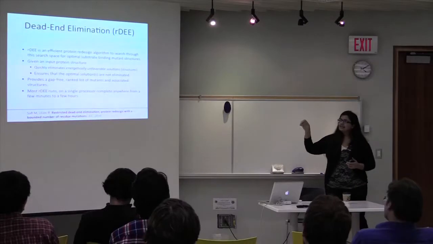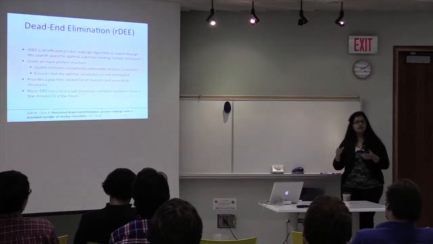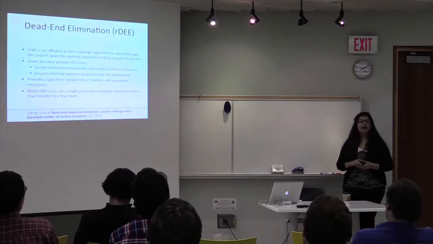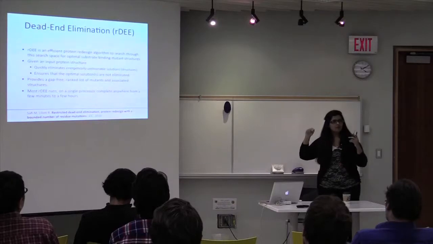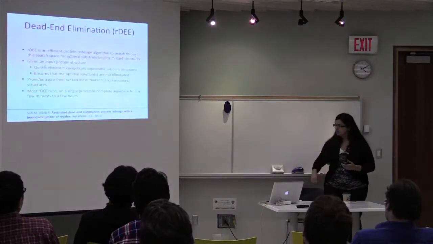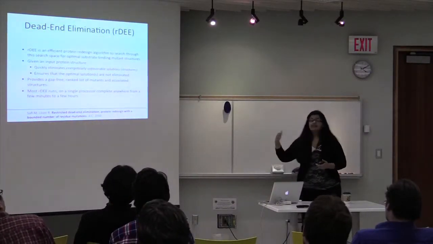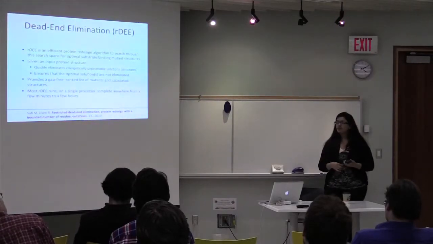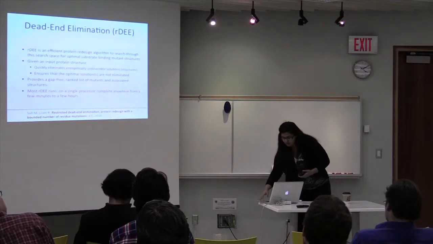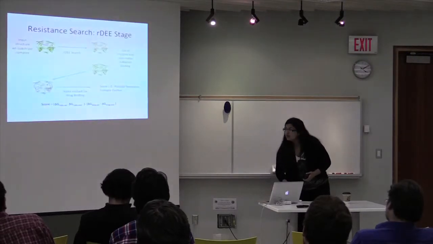And how it does that is that, given any input protein structure, it quickly eliminates all the unfavorable solutions, for instance, those steric clashes and other ones that it can guarantee are not part of your optimal structures. And it's worth mentioning that for most active sites, on a single processor, it runs anywhere from a few minutes to a few hours in order to generate those top mutants.